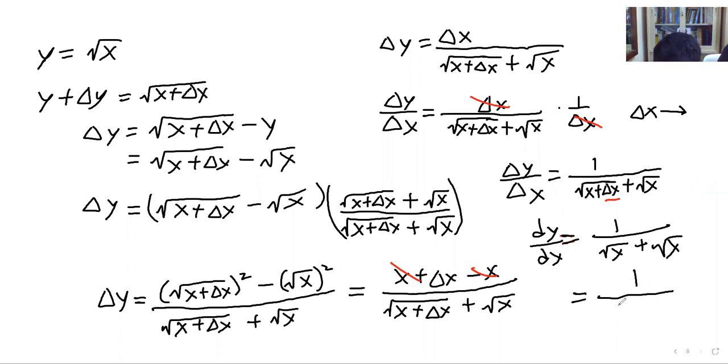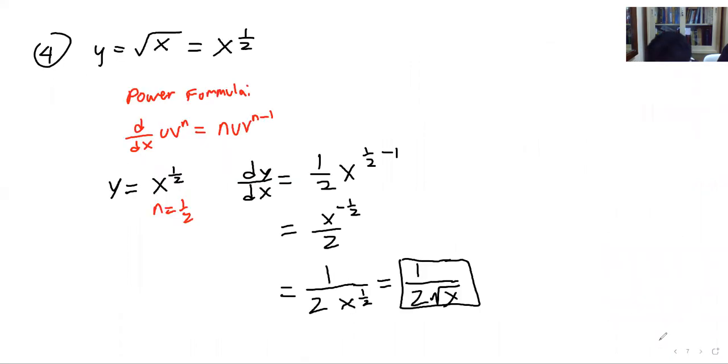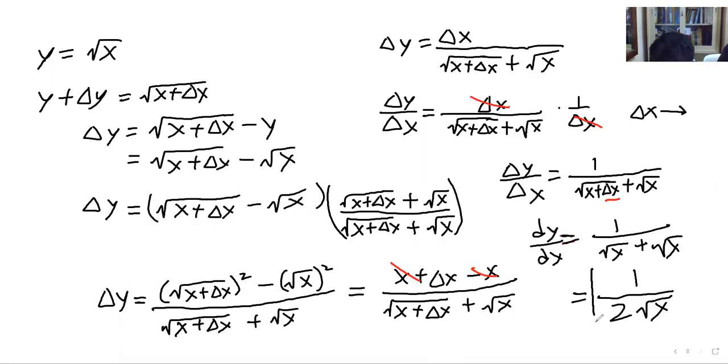This all equals 1 over 2 square root of x. You see the answer? Well, 1 over 2 square root of x. Yes. So delta x is approaching what? Write everything. Everything is written. All right. Thank you very much, Joshua. Thanks for watching. Good job.